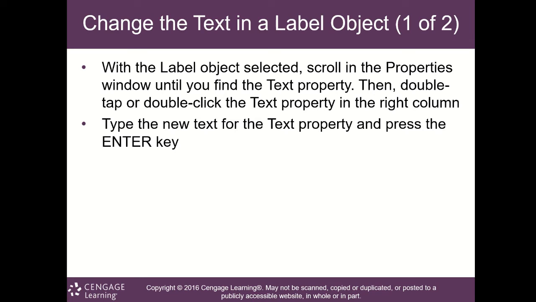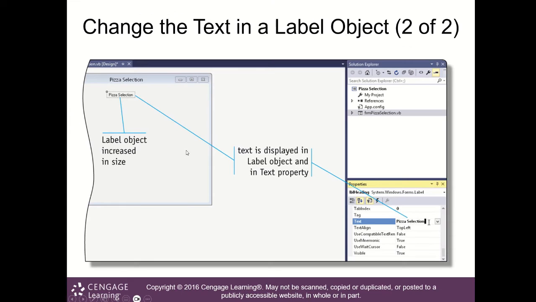You type the new text and enter. That process is here. You select the label object, go to the properties here and find the text, change the property, enter, and that will be reflected here.